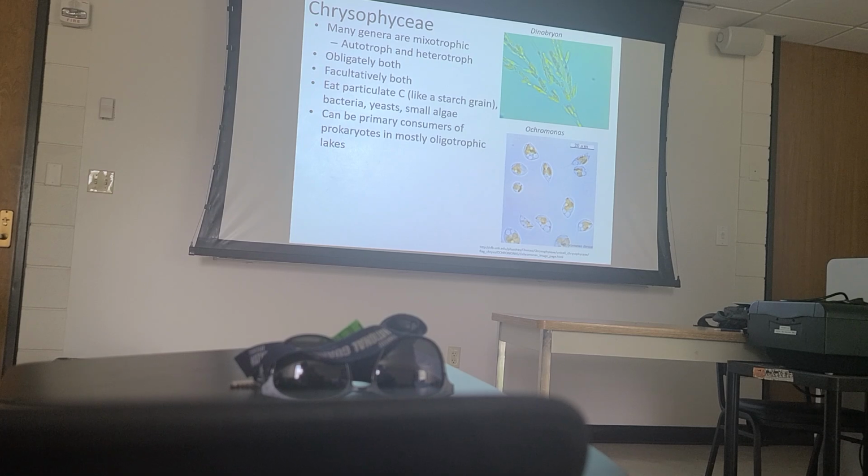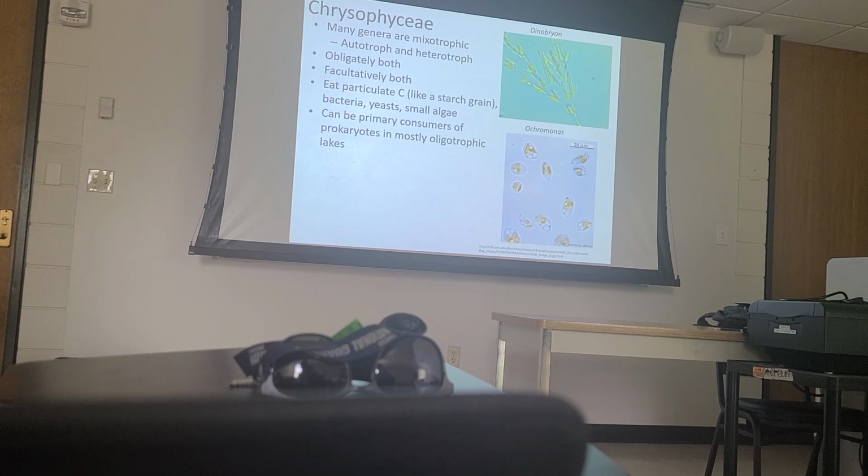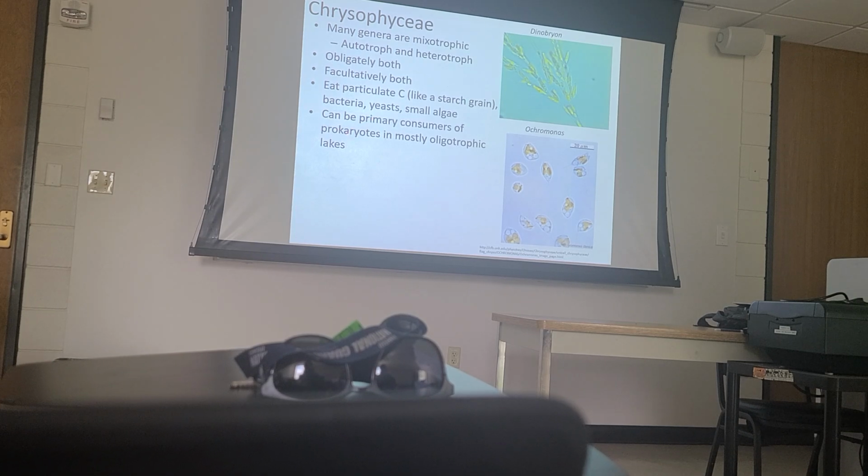And these mixotrophs can be the primary consumers of prokaryotes, mostly in oligotrophic lakes. So what I'm trying to say is they can be the thing that eats more bacteria than anything else in a lake where they're commonly found.